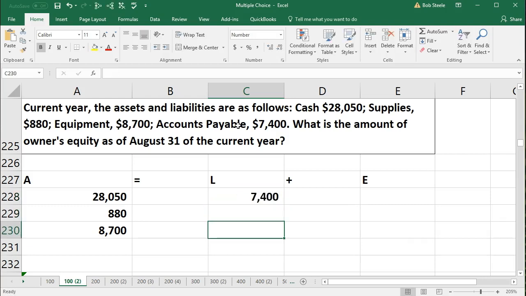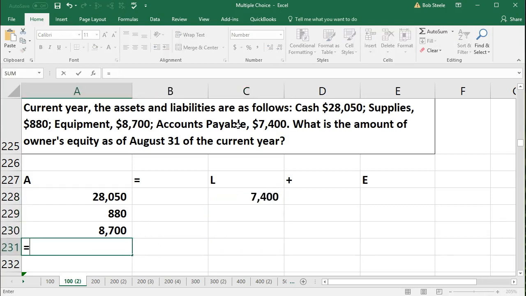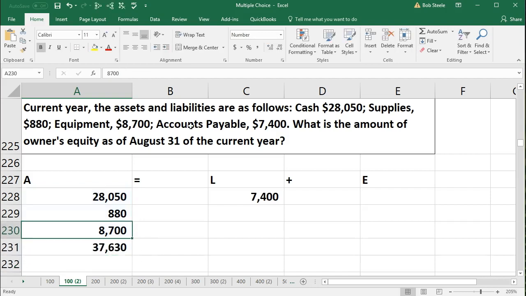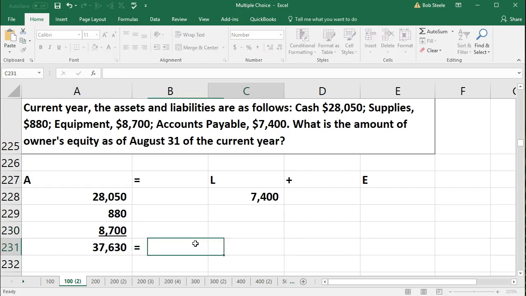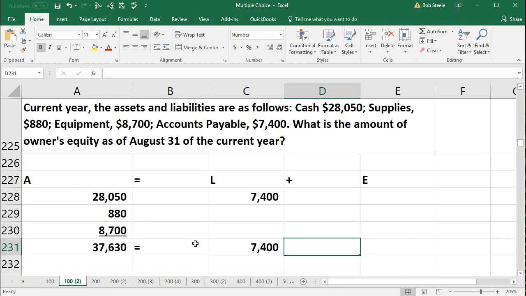7,400. And then if we were just to add up the assets, the 28,050 plus the 880 plus the 8,700 gives us that 37,630, and we're just going to say that that is going to be equal to the liabilities of 7,400 plus the equity. There's our equation.